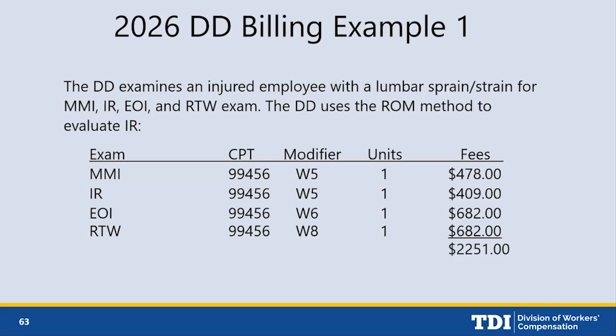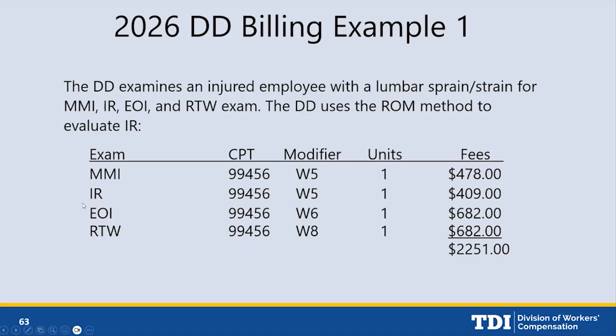So MMI, again, we see that 99456 all the way down, but then for the different issues, we've just adjusted the modifier. And then your fees are listed over here. The total for this bill will be $2,251. And again, the fees that we've listed here are 2026 rates.